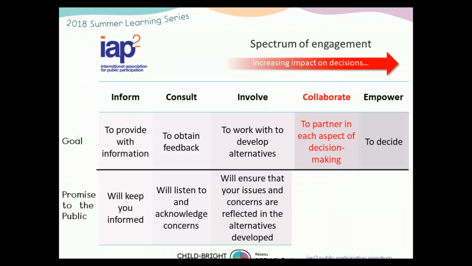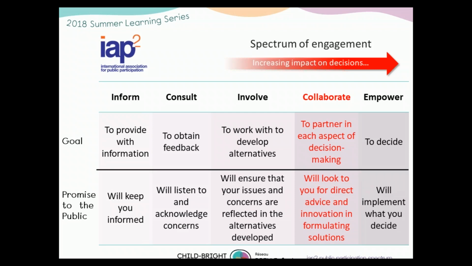When you involve members of the public, it's your promise that you will ensure that the issues and concerns raised will be reflected in ultimately the proposal that is developed and proposed for steps moving forward. If you aim to collaborate with the public, here it's to a greater degree of that involvement, where you will look to the public for direct advice and have their perspective relayed in coming up with innovative new solutions.